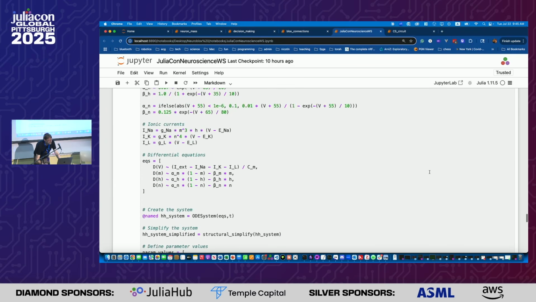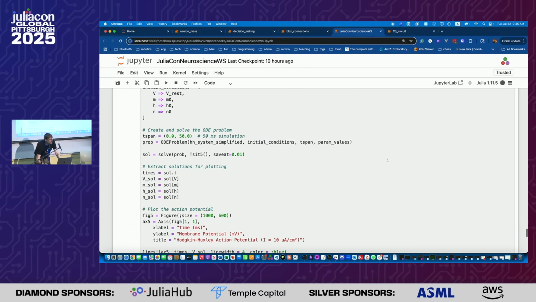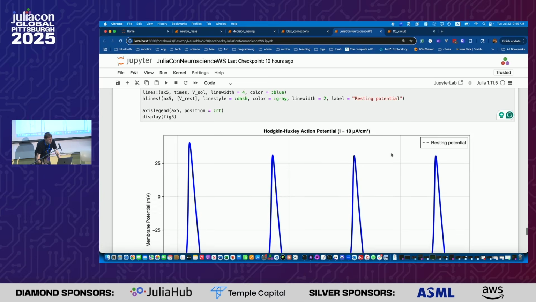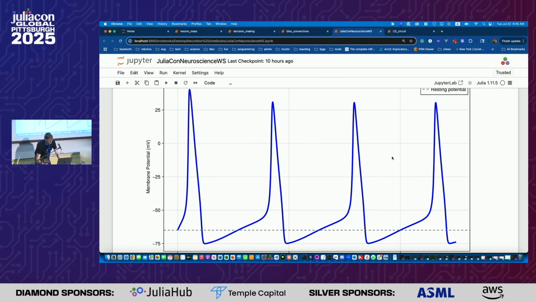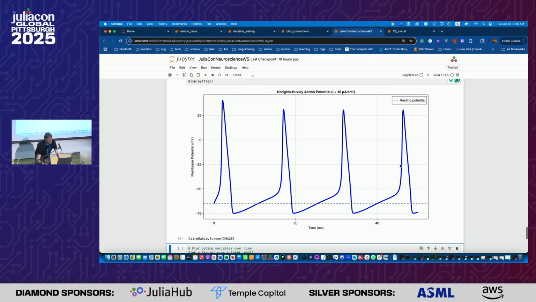And then what I'm going to do is run the cells. You can also do this yourselves. When you put this all together and simulate the voltages, I'm actually using ModelingToolkit. Then what you should see is that this is actually a spiking neuron now.